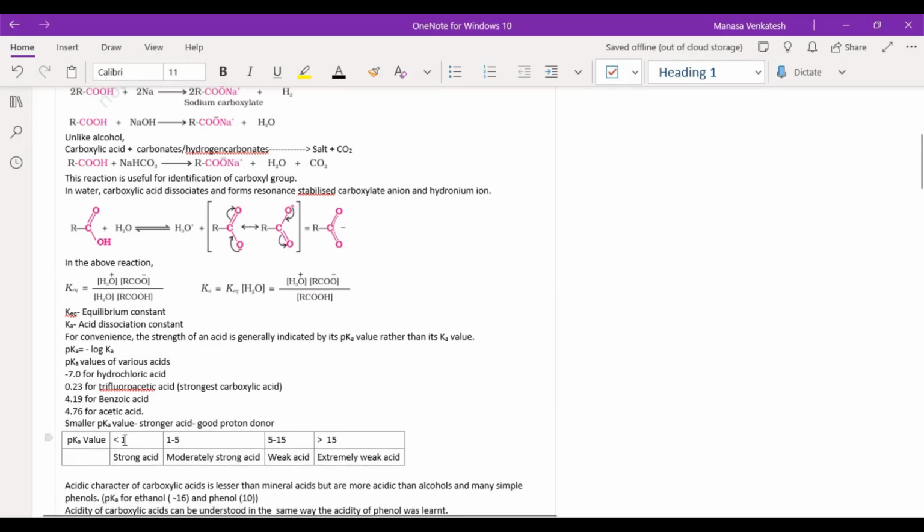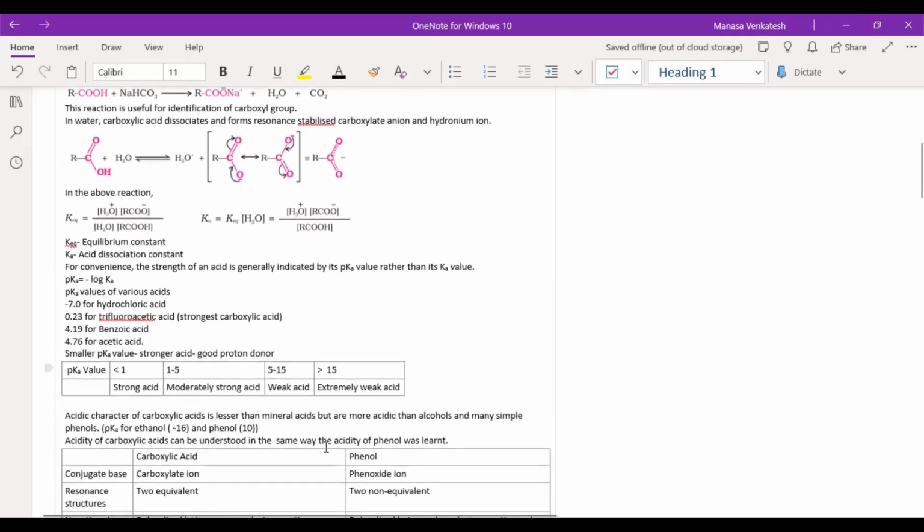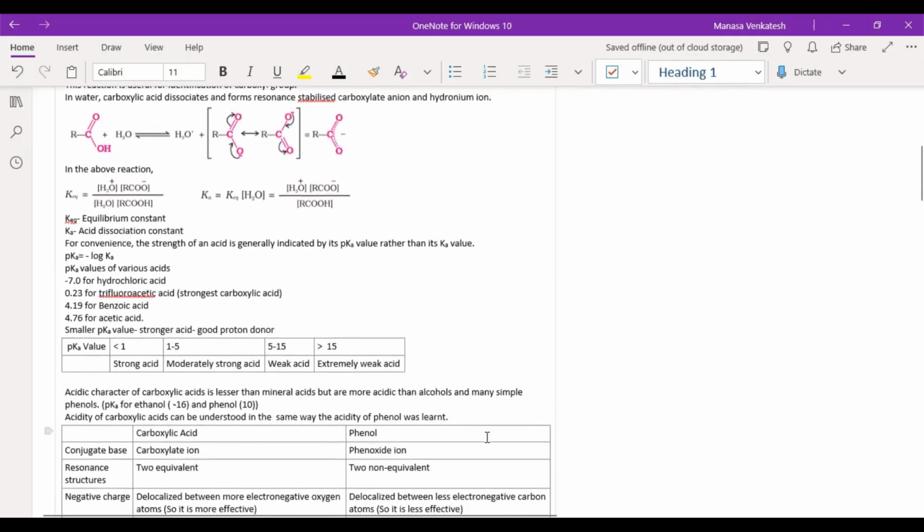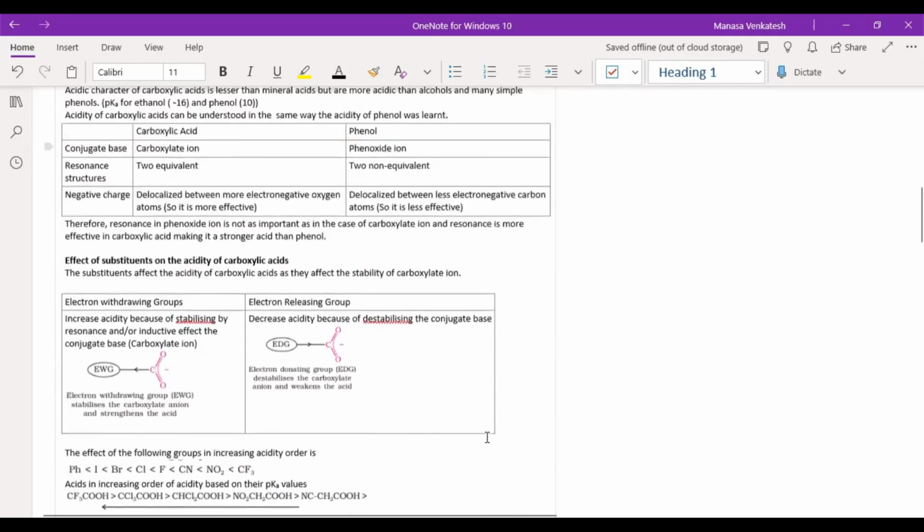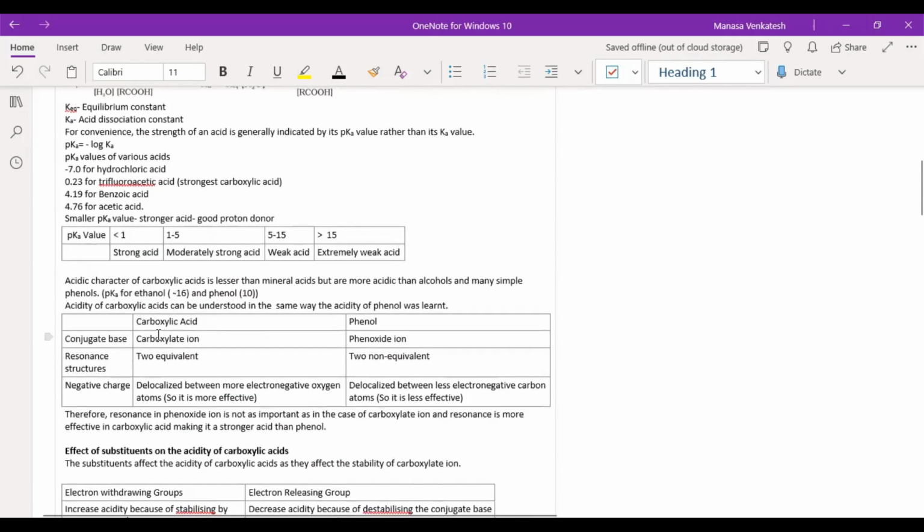When the pKa value is less than 1, it is a strong acid. Between 1 and 5, it's moderately strong. Between 5 and 15 is weak, and more than 15 is an extremely weak acid. Now, when we compare a carboxylic acid and phenol, their acidity is obviously going to be different. First of all, their conjugate base in the case of carboxylic acid is a carboxylate ion, whereas in this case it's a phenoxide ion. In carboxylate you have 2 equivalent resonance structures, whereas in phenoxide you have 2 non-equivalent resonance structures.